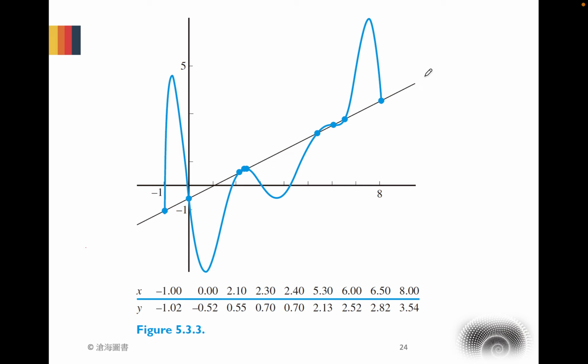So in machine learning, we call this polynomial overfitting to the data points. If you already have some concept of machine learning, you should have heard about this term before, overfitting. That means you use a too complex model to describe the data.